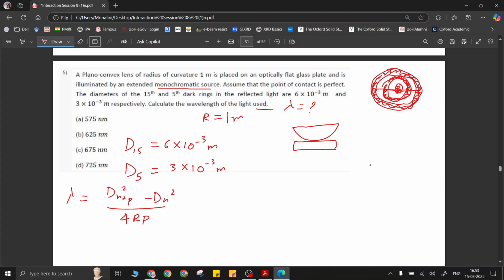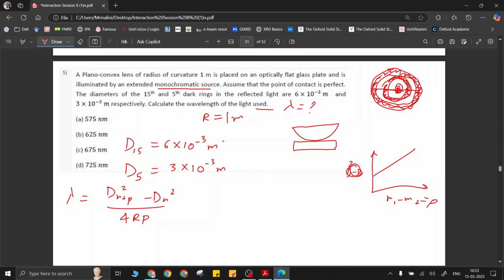In the experiment, we were plotting a graph between m1 minus m2, the difference between, say, the 5th order and 10th order, and D n plus m1 and D n plus m2 squares, and we were getting a straight line. That is the same thing: D n plus p square minus D n square divided by 4r. Here, instead of m1 minus m2, the difference, we represent it as p.